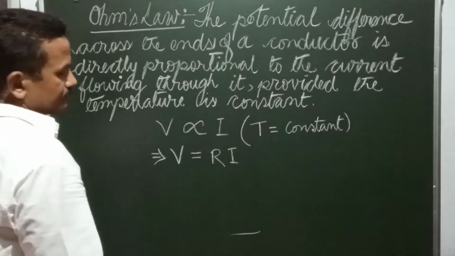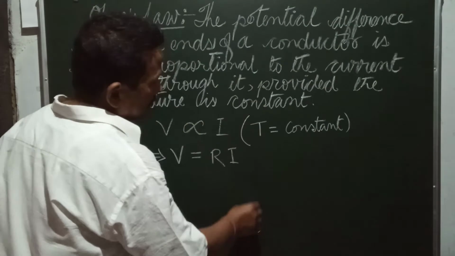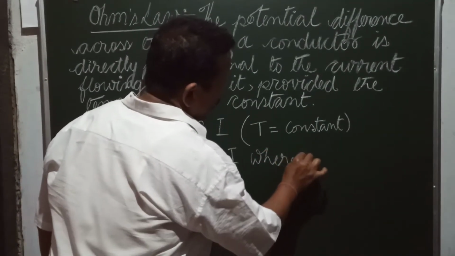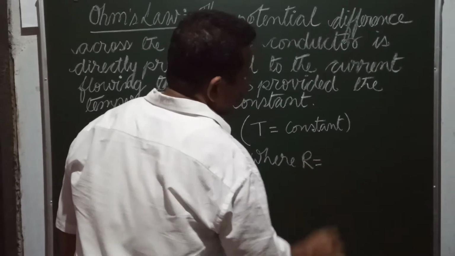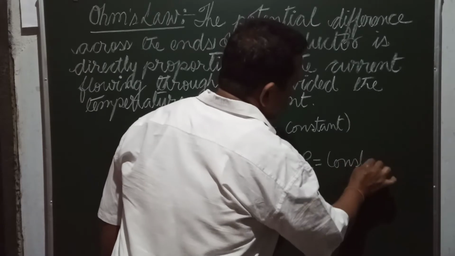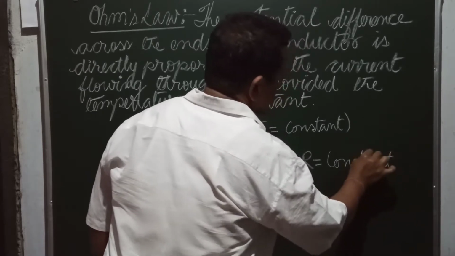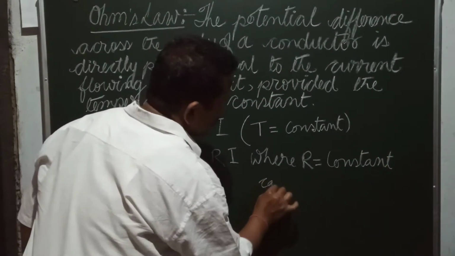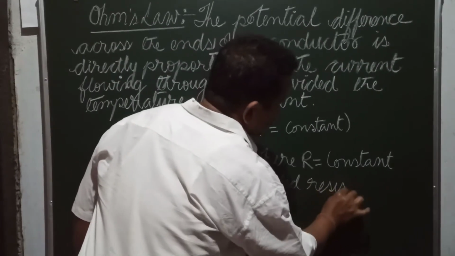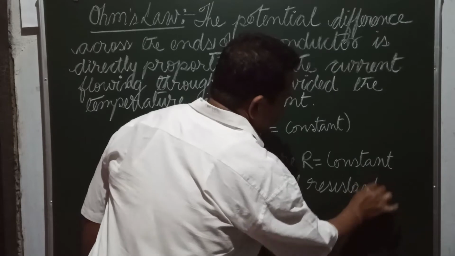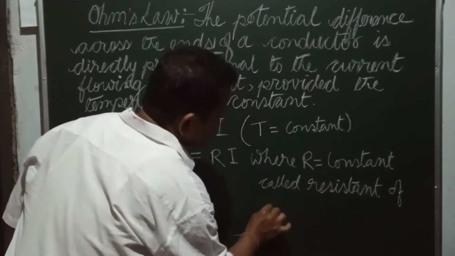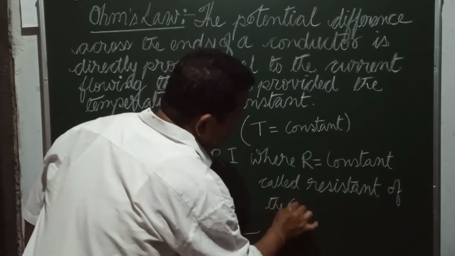Where R is a constant called resistance of the conductor.